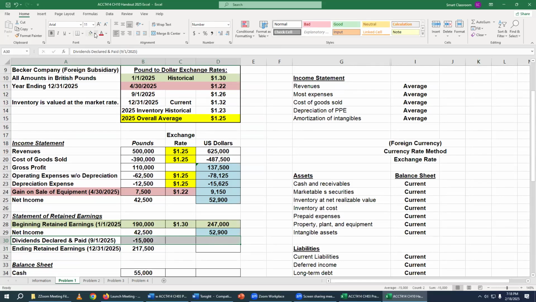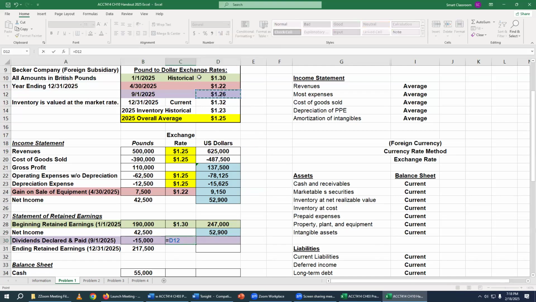And the hard part is coming up with a color for it. What have we used already? I don't think we've used purple yet, did we? Nope. Okay, so we will use purple for 9/1/2025. And we'll sum that up.